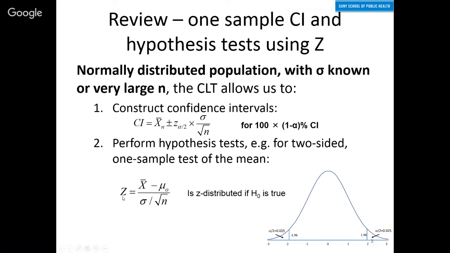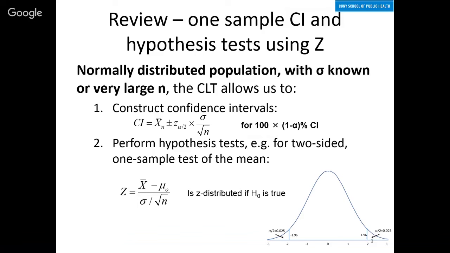And if this Z is larger in absolute value than the critical value, then we reject the null hypothesis. And the basis of that is that we know what the distribution of this test statistic is if the null hypothesis is true.